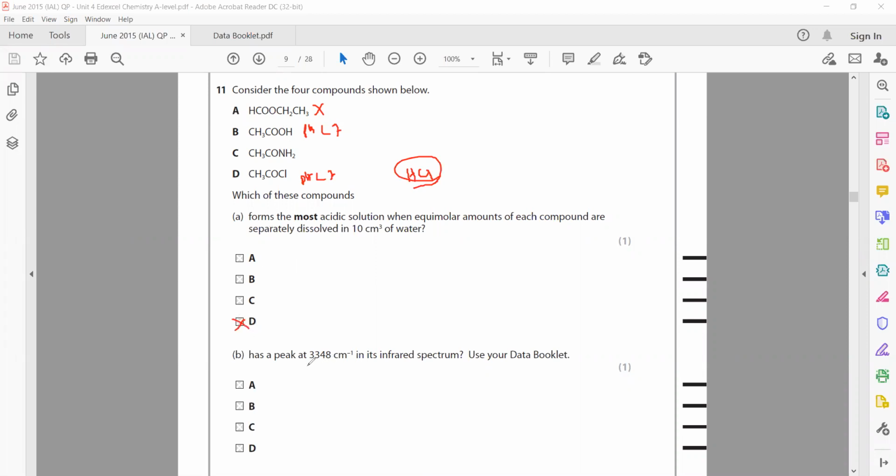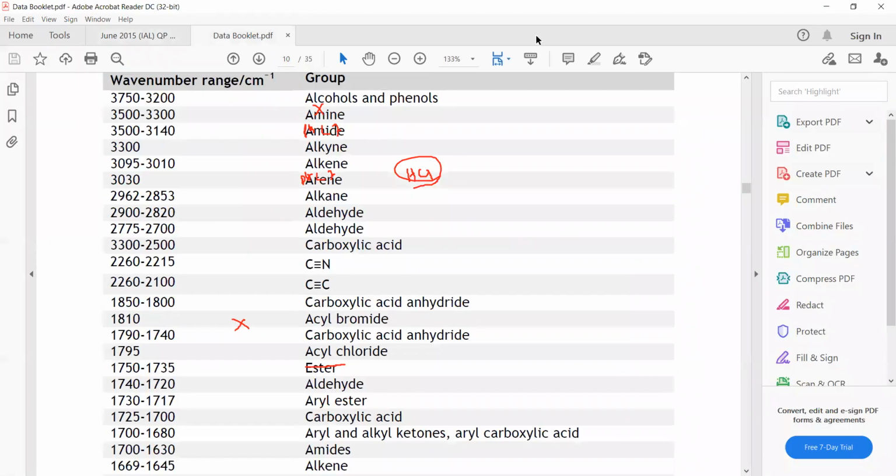Which of the compounds has a peak at 3348 in infrared? Use a data booklet. So when we use the data booklet, 3348, that range is in amide. So 3500 to 3140, so 3348 is in this range, and that's for amide.